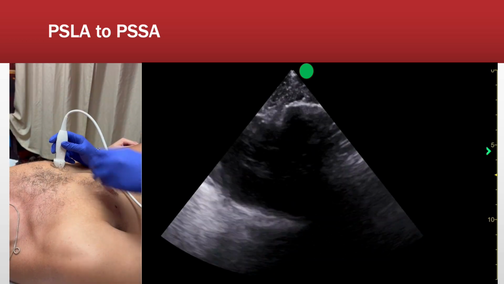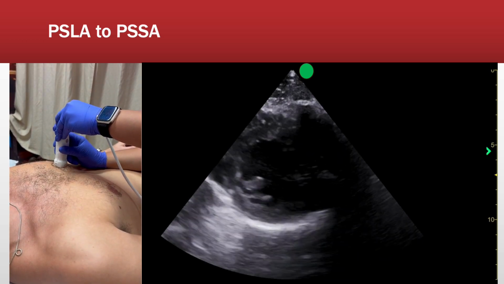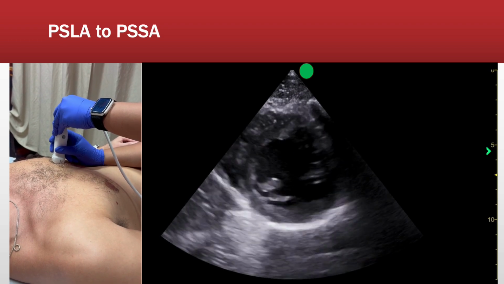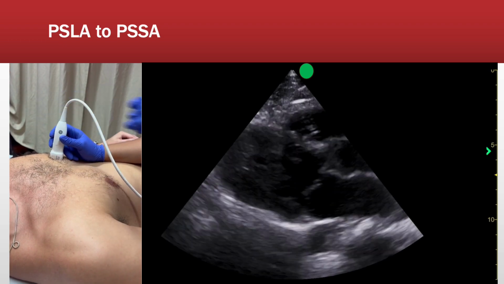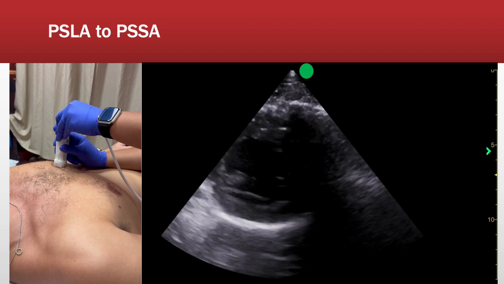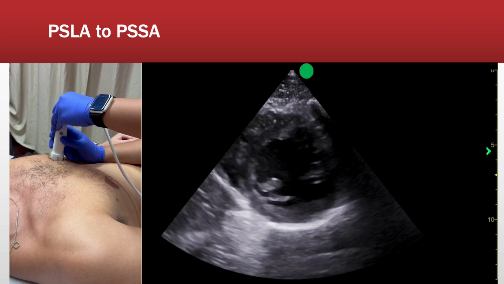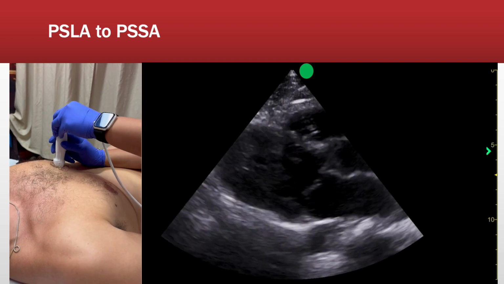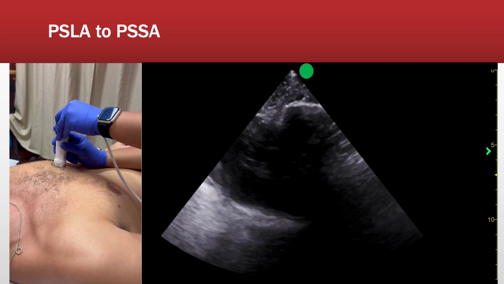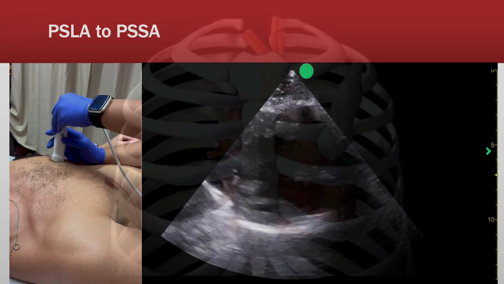So oftentimes it is the mitral valve that we actually see when we do that rotation, because usually people are centered right over that mitral valve. So what I'm trying to allude to is whatever is centered on your screen is the first thing that you're going to probably see when you turn from your parasternal long axis to your parasternal short axis.